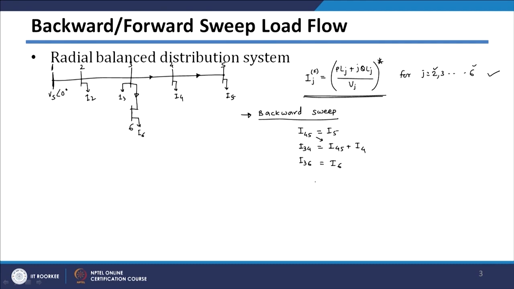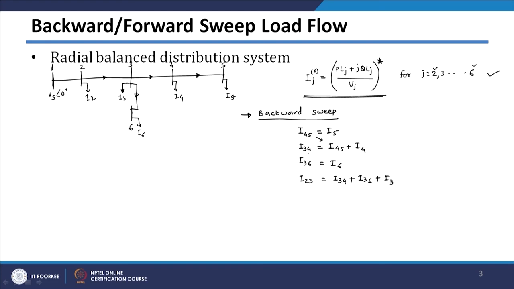And then we calculate I23, the current in this branch, which will be equal to the current flowing in I34 plus the current flowing in I36 plus the current at bus 3, which is I3.